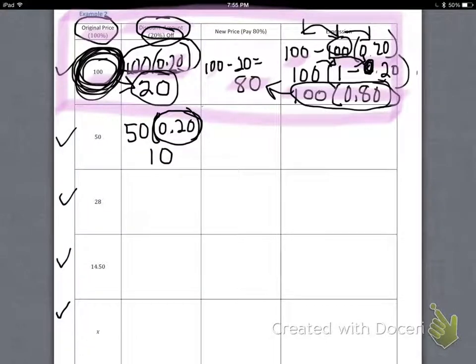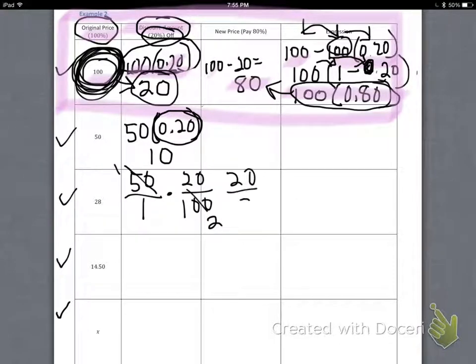And just to show you fraction-wise, you can do this on your calculator if you want, but I'd love for you to see it: 50 over 1 times 20 over 100. We can just go like this, that is going to be 1, and that is going to be 2. Then we multiply across, that's 20 over 2, which is the same as 10.